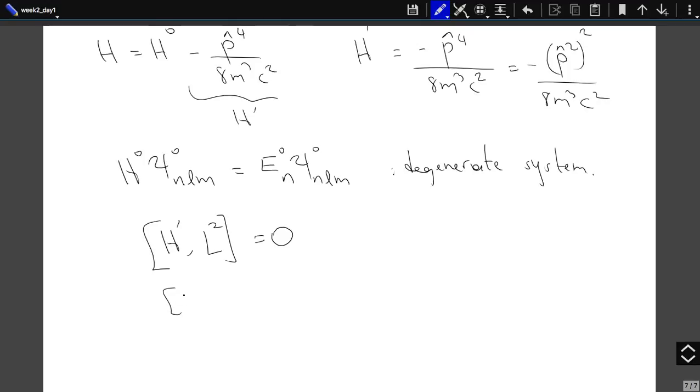Now let's look at this one. The matrix element of the commutator of H prime and L squared between the states n, l, m and n prime, l prime, m prime. This should be 0 because the commutator itself is 0.